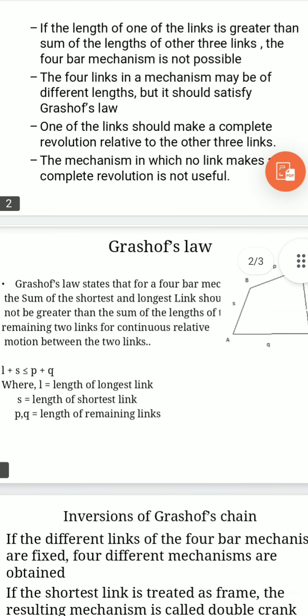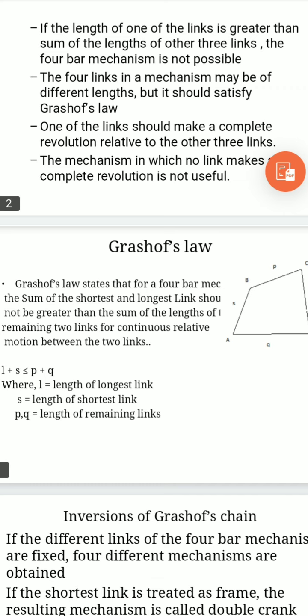What exactly does the Grashof law state? As you can see in the slide, the Grashof law states that in a four-bar mechanism, the sum of the shortest and longest link should not be greater than the sum of the lengths of the remaining two links.